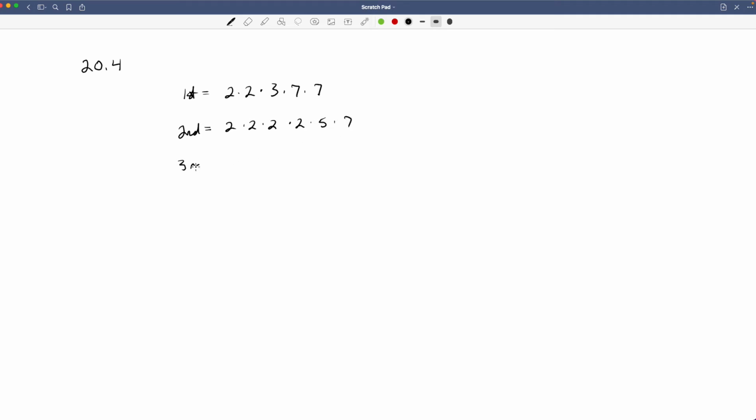And the third number is 2 times 5 times 5 times 5 times 5. And the problem asks us first, what are the numbers?